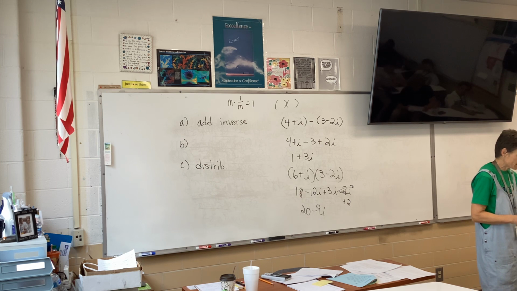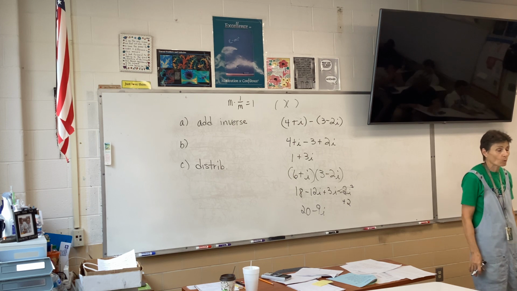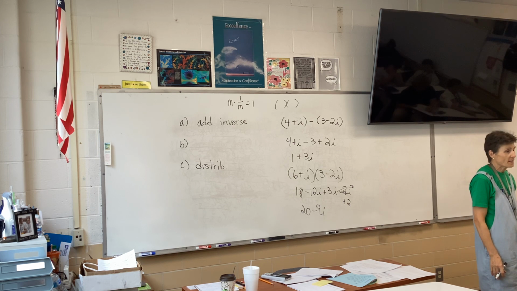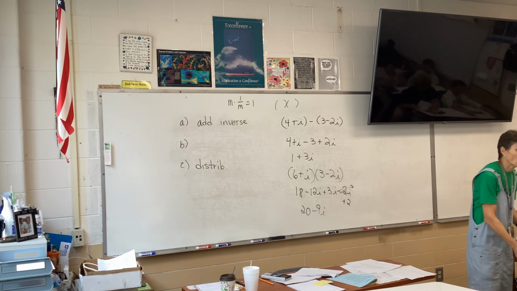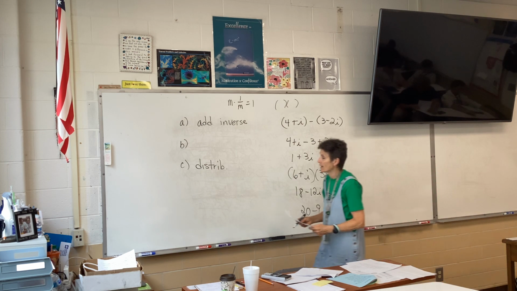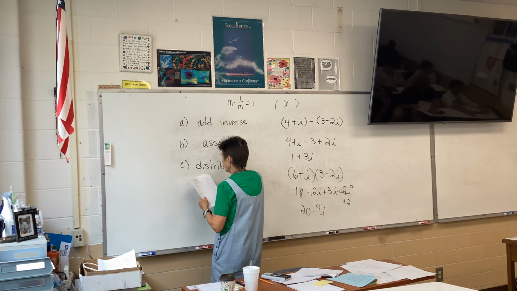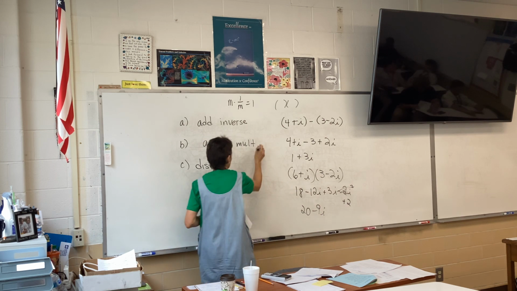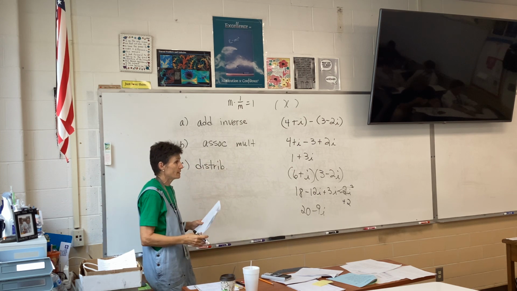Look at the letters and numbers in B. 4xy, 4xy. Did the order change? What changed? The way you associated them, the way you grouped them. That is the associative property of multiplication, because it's a multiply problem, and we associate it.